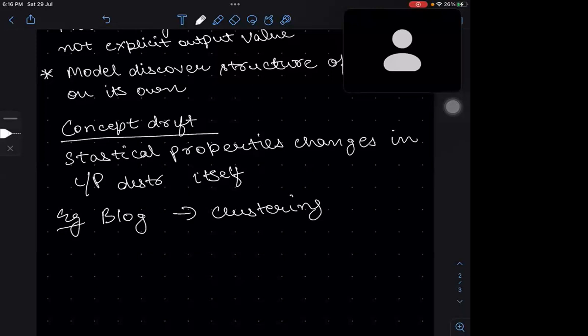Now I pose this problem: I don't know what the target is, but there is a regression pattern among these feature variables. Can unsupervised learning discover the regression pattern, which variables influence which variable?